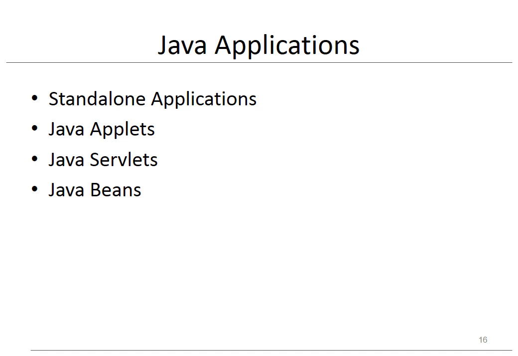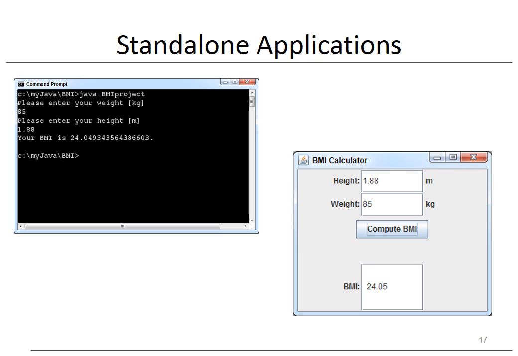The most popular types of Java applications are standalone applications, Java Applets, Java Servlets, and Java Beans. Let's get a closer look. A standalone application can run independently on its own. It only needs a JVM to execute.